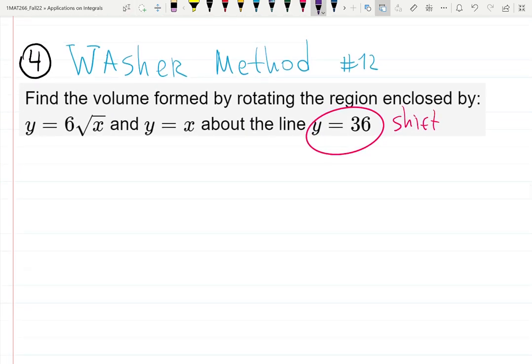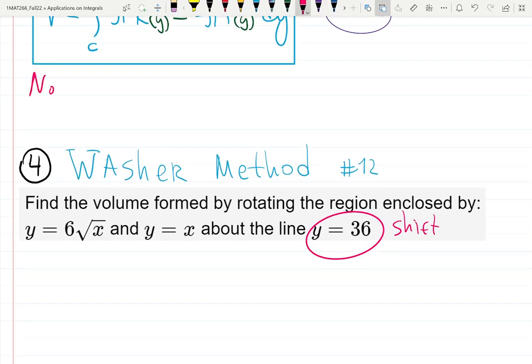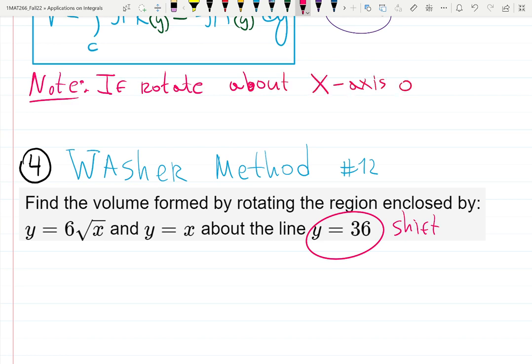Let's make this a huge note. So put it in some kind of bright color. I will make this note above. But now we are ready to summarize. If rotation happens, I don't want to write lots of English. If rotate about the x-axis or anything that's parallel to the x-axis.